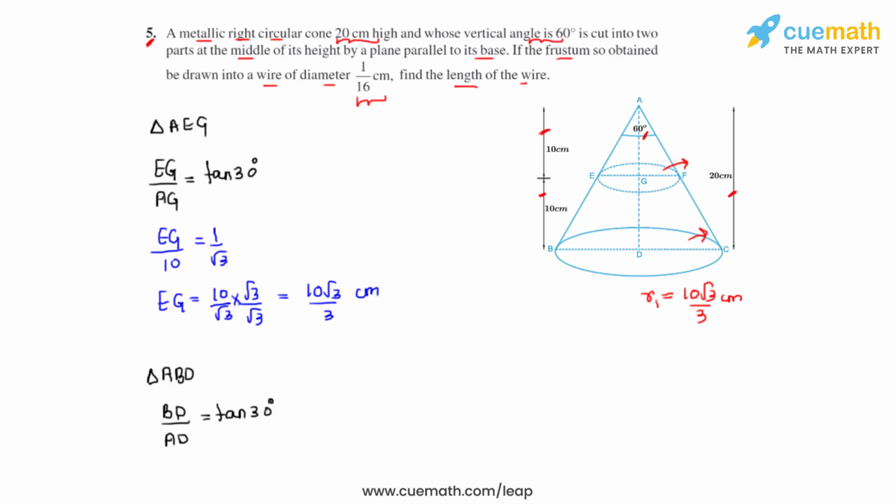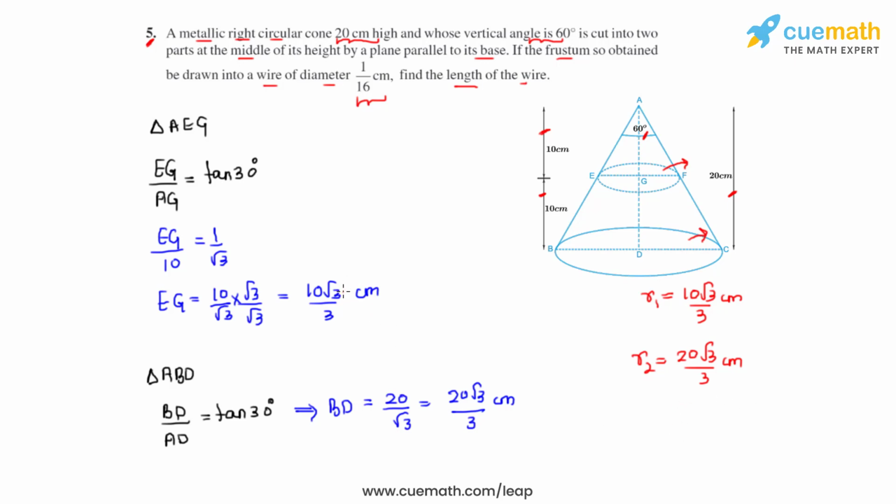We'll substitute the values and we get that BD equals 20 by root 3. On rationalization, we again get that as 20 root 3 divided by 3 centimeters. So we have found the radius of the lower circular end, which is R2, to be equal to 20 root 3 divided by 3 centimeters.